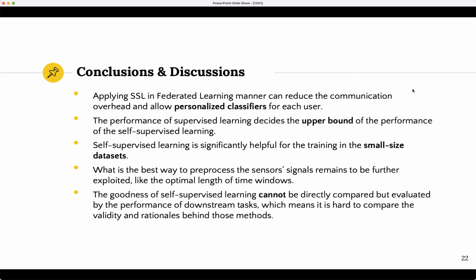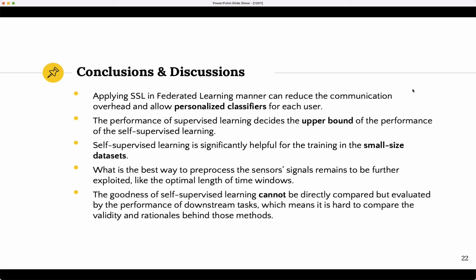But some questions remain, like what is the best way to process the sensor signals, how to choose the optimal length of the time windows, how to design the encoder, and how to design the pretext task.